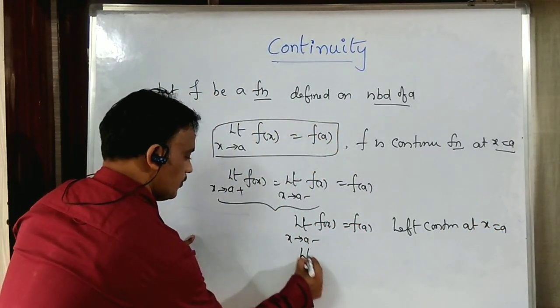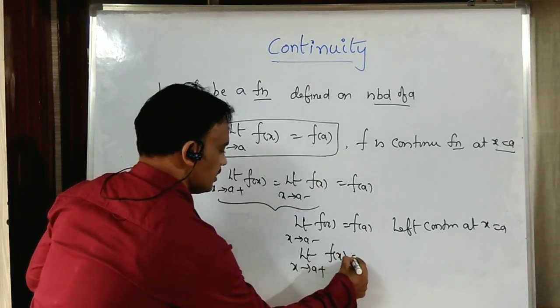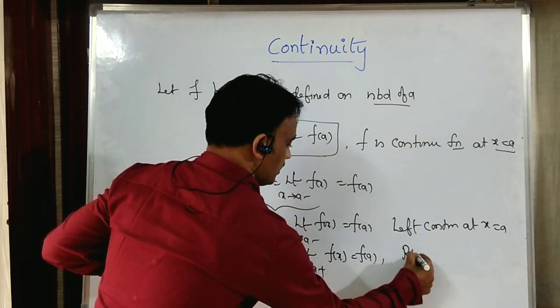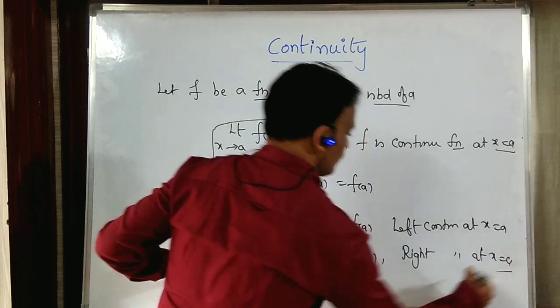Suppose the limit as x tends to a plus of f of x equals f of a, then f is right continuous at x equals a.